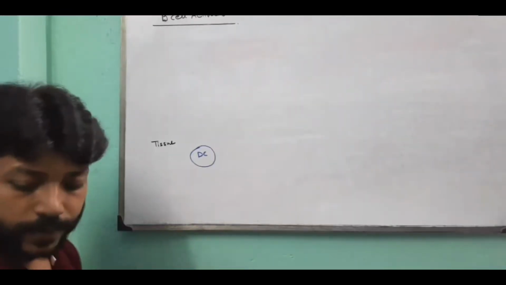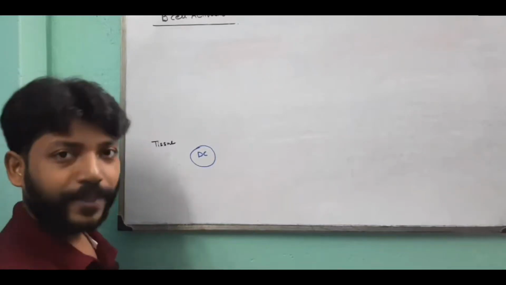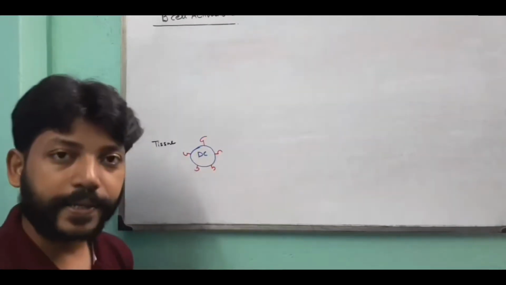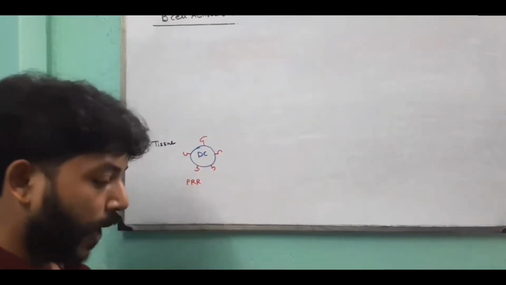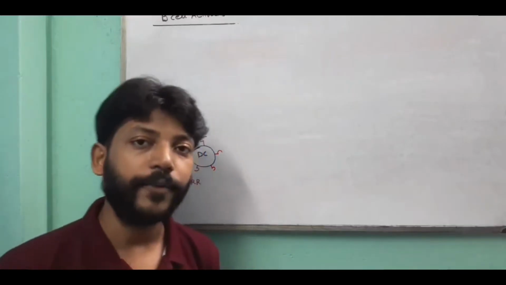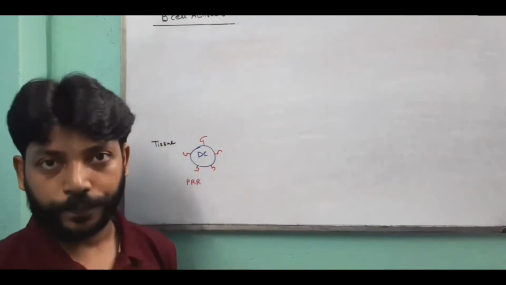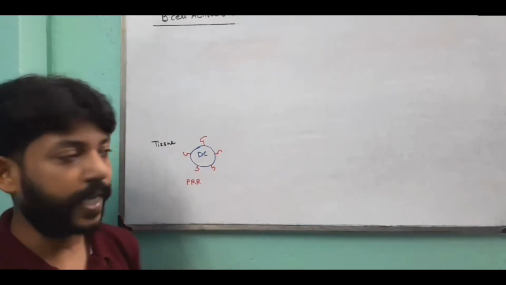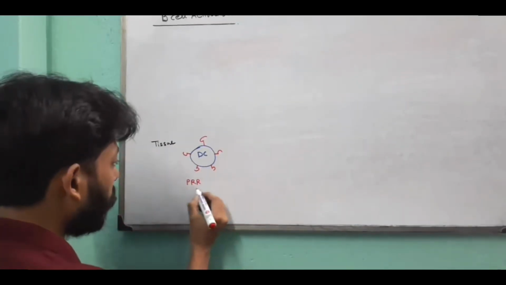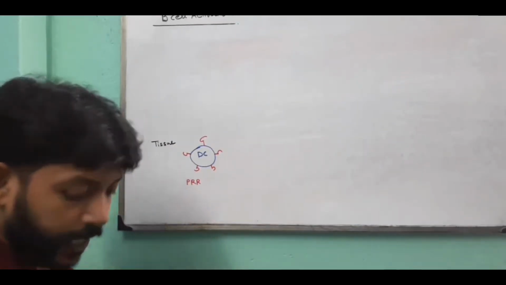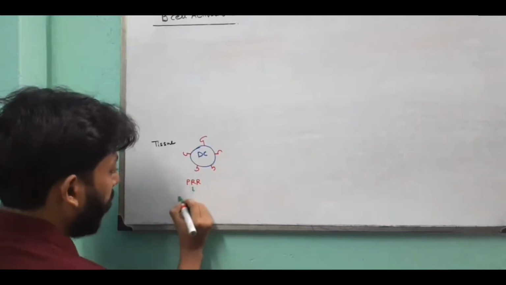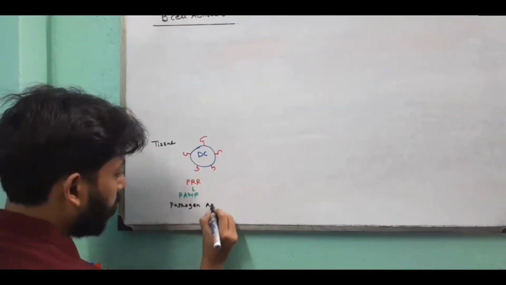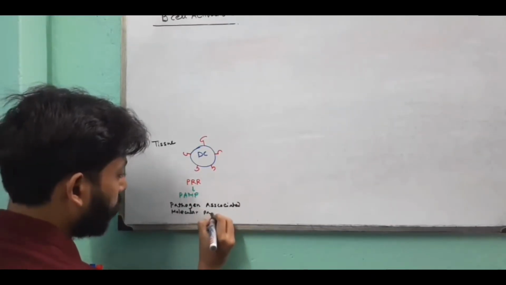These dendritic cells express a type of receptor called pattern recognition receptors. These receptors can identify pathogen signature molecules, that is, molecules present on pathogens. Pattern recognition receptors identify PAMPs, pathogen-associated molecular patterns.